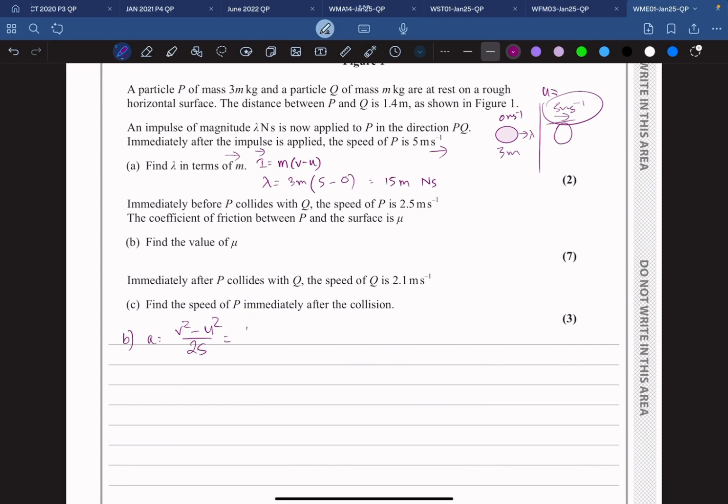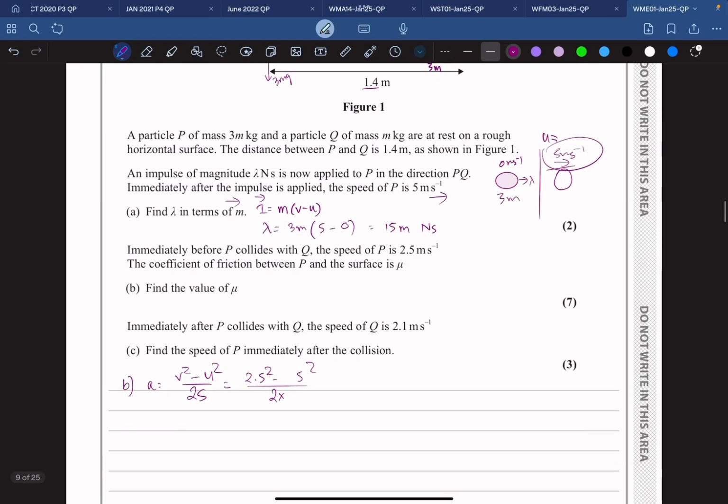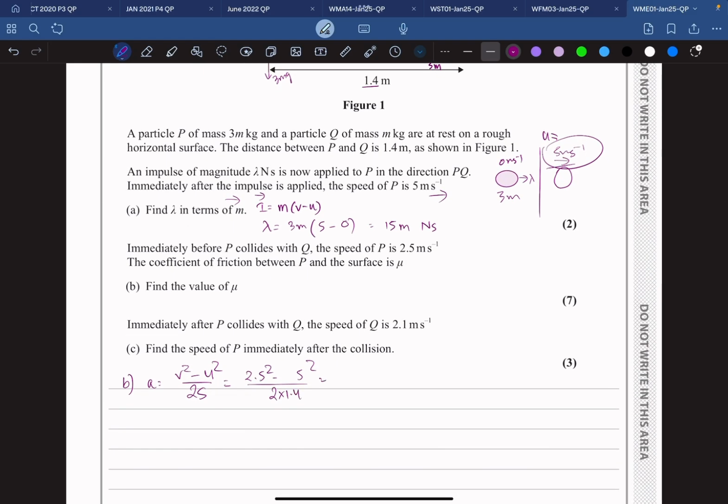v is 2.5 squared minus 5 squared, divided by 2 times the distance, which is 1.4. We're going to get, in the calculator, it shows minus 6.6964 and so on. I'm not going to take the rounded off value.